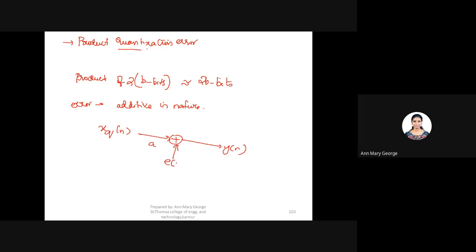You can represent it like this, where y of n will be equal to a into xq of n plus e of n. That is, each multiplier is replaced by a multiplier and an add-on. This will be the expression for product quantization error.